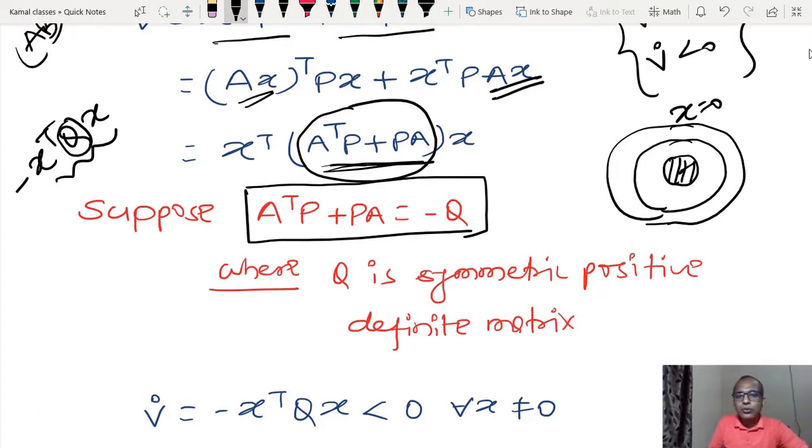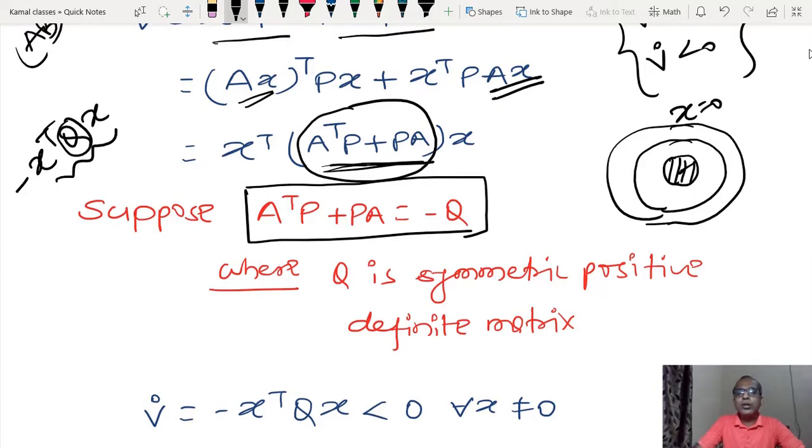So Q, I can select either positive semi-definite or positive definite. If I select positive definite, then I can guarantee that x equal to 0 is globally asymptotically stable. The meaning is that for a linear system, if I start anywhere in the state space, then I am going to converge to the equilibrium point.